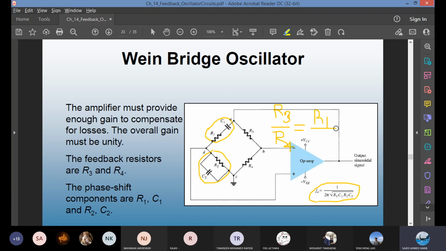R1 divided by R2 and then C2 over C1. This is the equation, if you neglect, try to ignore the loading effect. This is impedance. The frequency you can also derive. There is no need to do the derivation because it's on the formula sheet.